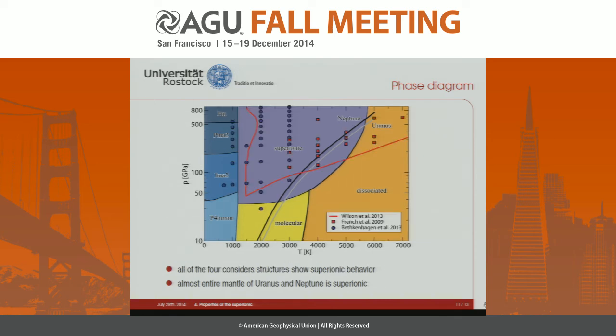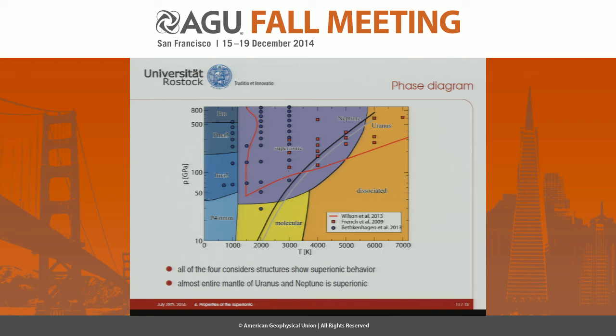If we compare to the previously published data for water and ammonia itself, the blue dots are ammonia points where ammonia is superionic, and the red dots are where water is superionic. And then there are these calculations by Wilson, who directly determined the actual melting line and also this phase transition line here, by employing the Gibbs free energy evaluation.